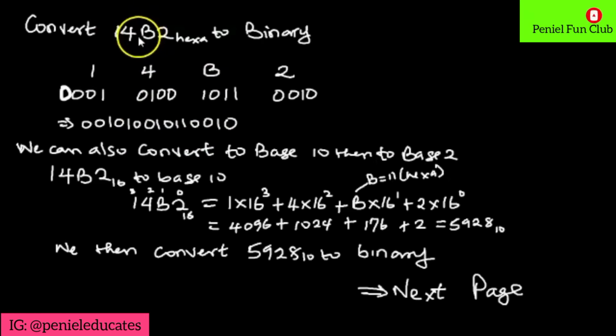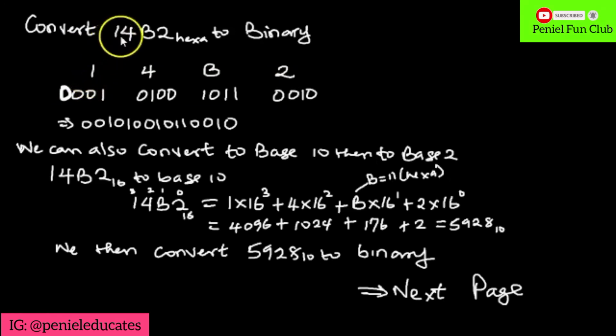So what you just checked is how to convert from octal to binary. This particular one we'll be looking at how to convert from hexadecimal to binary. Okay, so if we are to do this, we'll take the numbers one by one.